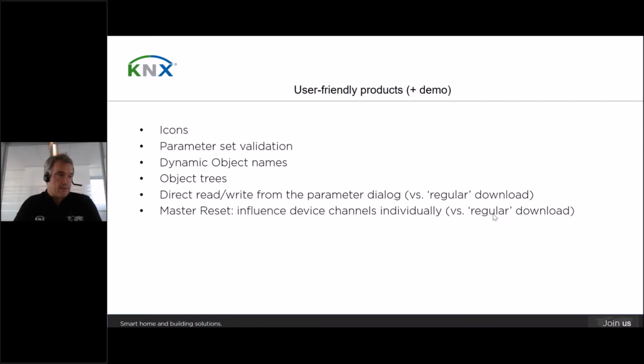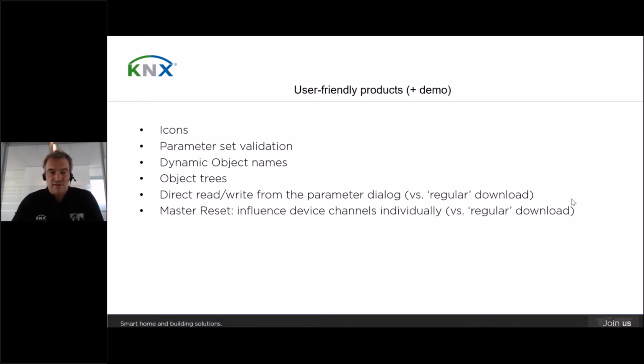Okay, so that said, in summary, now I would like to go into a bit more detail, and also at the same time demonstrate a few things to you. So first item, in order to make more intuitive ETS parameter dialogues, are the icons.